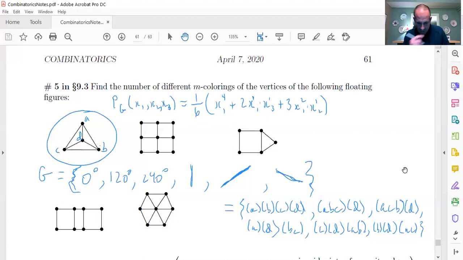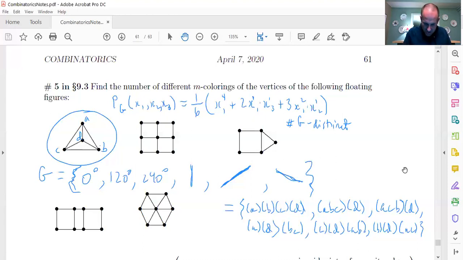Okay, and I want the number of M colorings of this thing. I should say the number of G-distinct M colorings, because it really depends on what the group is, what the action is on the shape at hand.